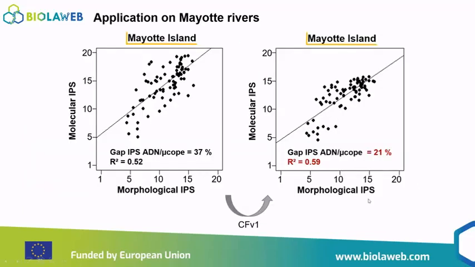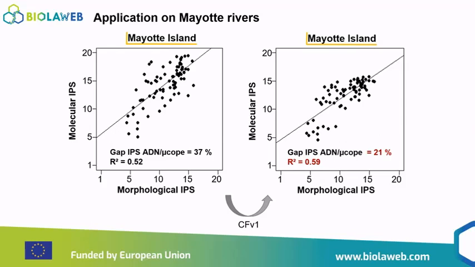Here we use the IPS. IPS is a diatom index which has been developed for mainland France. It was in the beginning of our work. We wanted to go quite fast and give some preliminary results. We developed more after that, so it's working quite well.